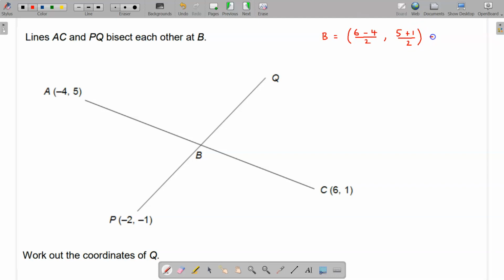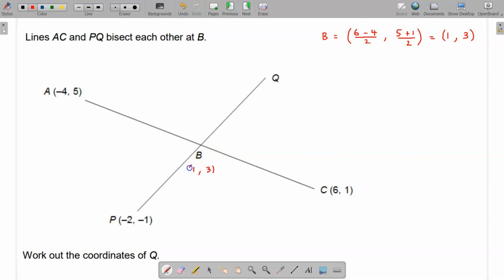Okay, 6 minus 4 is 2, so 2 over 2 is 1, and the y coordinate is 5 plus 1, 6 over 2, which is 3. So B is the point 1, 3. I'm just going to write that down on the diagram.